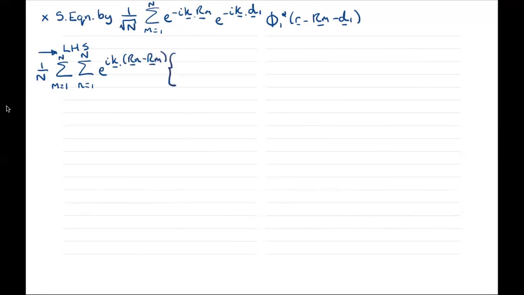And now our atomic orbital coefficients, c sub 1 of k, e to the i k dot (d1 minus d1) from here.